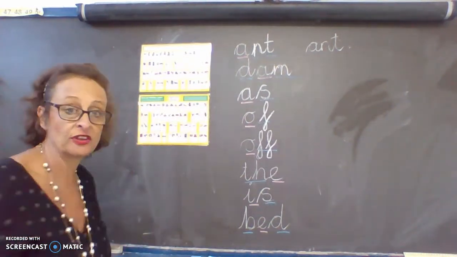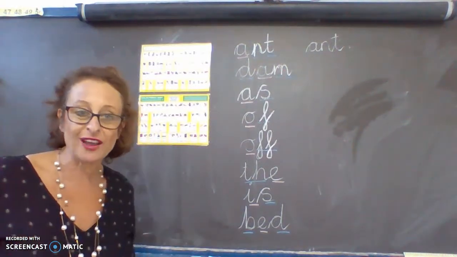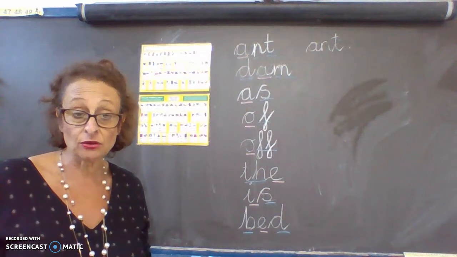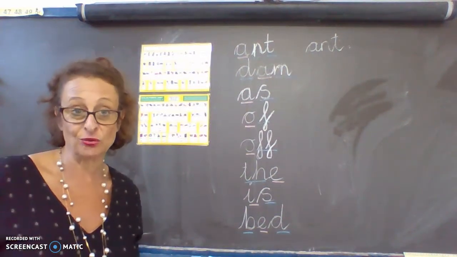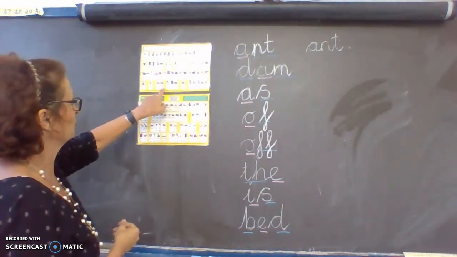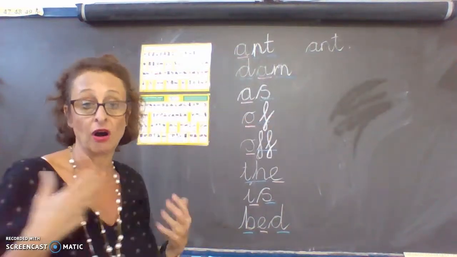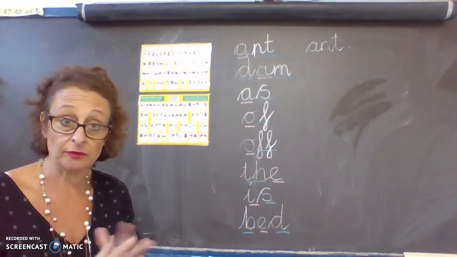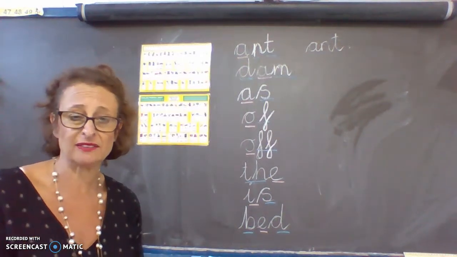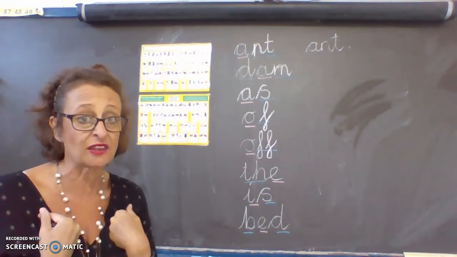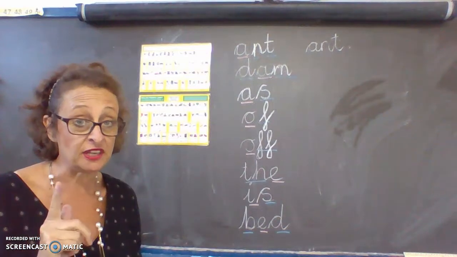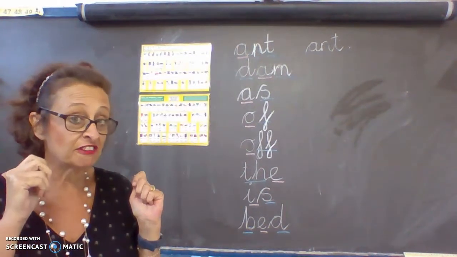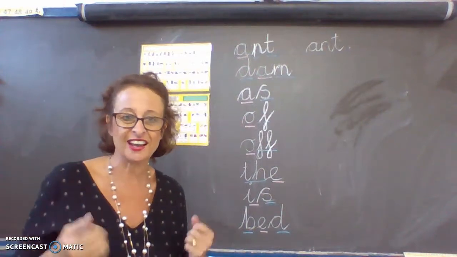I don't think you should write on the school's THRASS charts, but when I do my workshop, I'm going to buy you THRASS charts and you can write on yours at home. So you would put an F here: O-F, of. And I tell the children there are no words in English that I can think of that end with a V by itself. Normally, if you hear V at the end of a word, it's VE, like in sleeve.